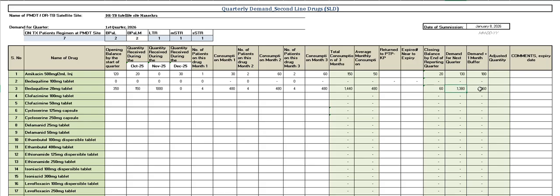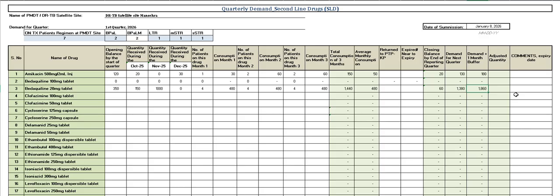And by adding 1 month extra stock, which is 480 tablets, obvious from your average monthly consumption, it will be added into it. It will become 1860 tablets. So this was all about how we entered the data into the sheet, and our demand for the next quarter has been generated with the addition of 1 month additional buffer.